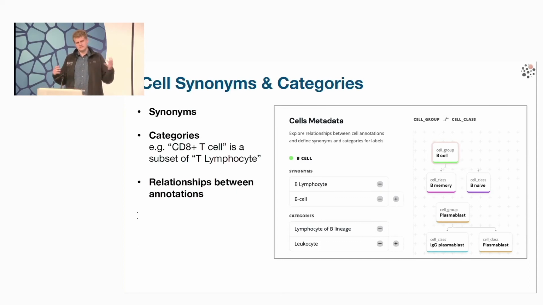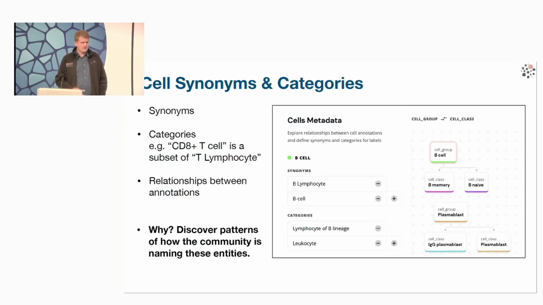So it could be as precise or as broad as you'd like. We also, if there are multiple annotations within a data set, you're able to view how those annotations relate to one another. This is what people usually call hierarchical annotations. Usually if you call something with a very broad annotation term like B cell, there are also very precise terms like a naive B cell, a B memory cell.